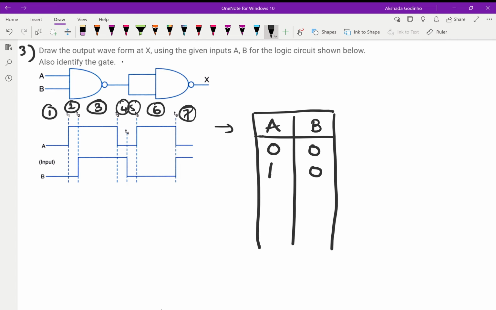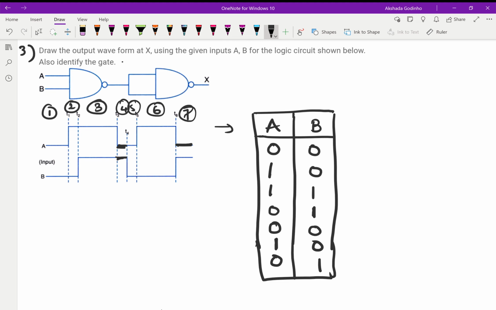Then the third one is 1 and 1. Fourth one is 0 and 1. Then we are at 0 and 0. Then we have 1 and 0, and the last one is 0 and 1. So this is our truth table for now.